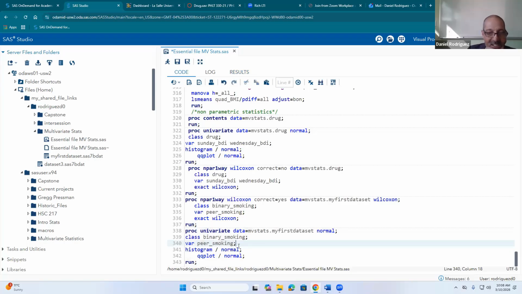So that's it. We did the proc univariate to check whether we have normally distributed data at each level of binary smoking, and we don't. We cannot assume that, so we are right to use this test. Notice that under the continuity correction, I pressed yes.